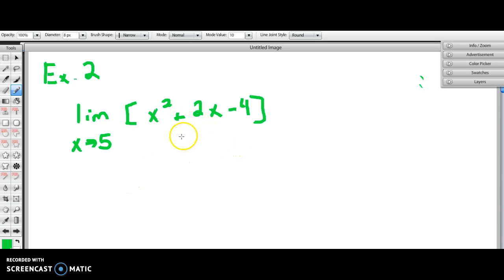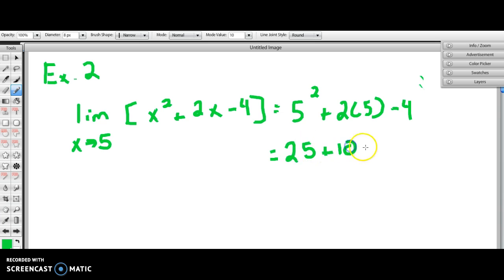We can break this up or we can just plug it in. I think I'm going to just plug it in. So I have 5 squared plus 2 times 5 minus 4, which is 25 plus 10 minus 4, 35 minus 4, which is 31. So the limit as x approaches 5 of x squared plus 2x minus 4 is 31.